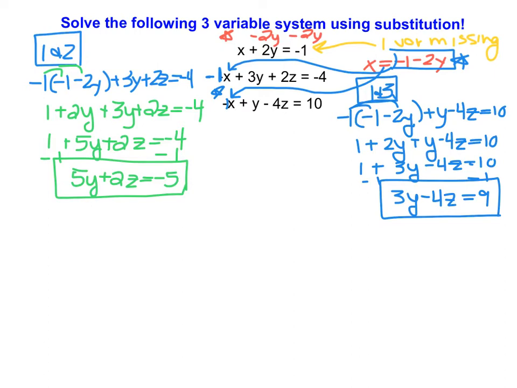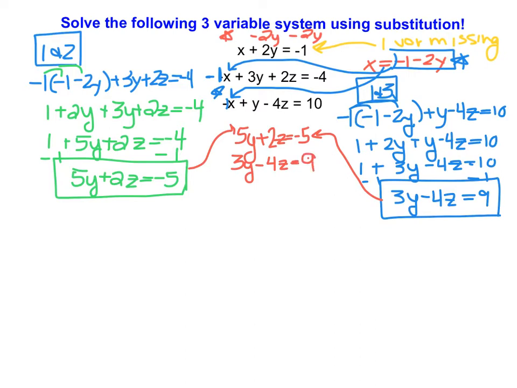We've used a strategy, in this case substitution, to mix the two equations together so that we get two variable equations. And now what we're going to do is mix these two equations together and use another systems solving strategy. So we have 5y plus 2z equals negative 5, and we have 3y minus 4z equals 9.